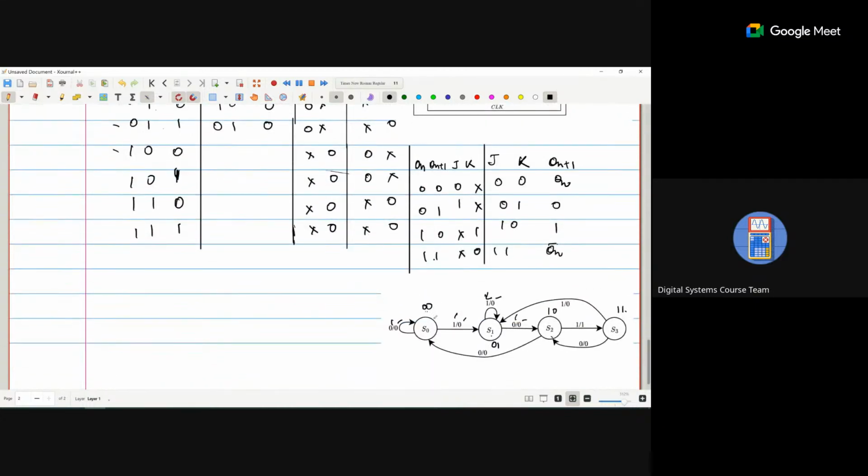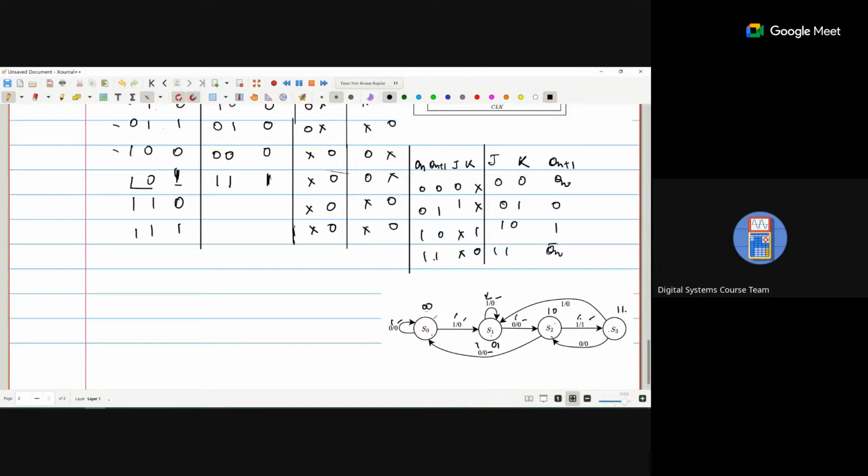Now 1 0, when input is 1, we are getting 1 1. And when input is 0, we are getting 0 0. In this case, output is 0, and in this case, output is 1.